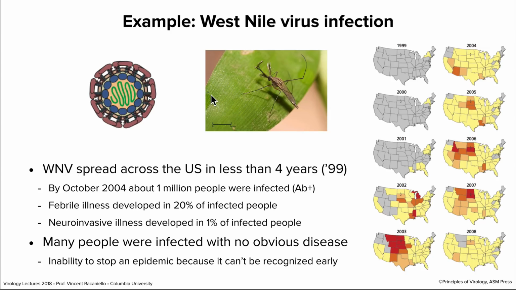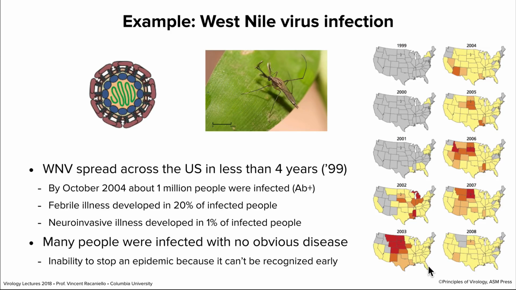The spread of this virus was assisted by the fact that mosquitoes not only infect people with these viruses, but also birds. Birds are a huge reservoir of this virus. And other related flaviviruses like dengue and Zika virus can be introduced into the U.S. We've seen it happen multiple times in Florida, but they don't spread.